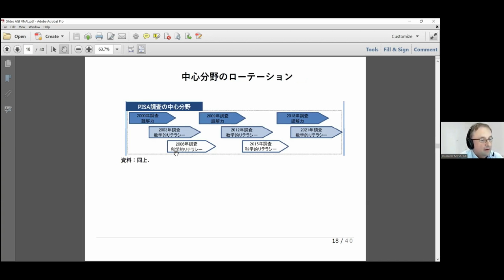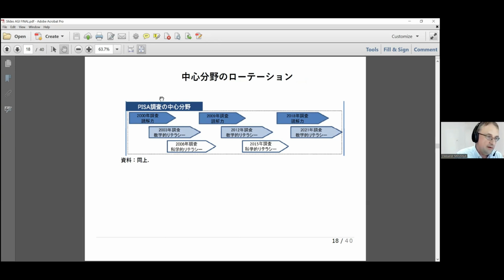And then, as I said, in PISA there is a rotation across major subjects. So, for example, reading was the major subject in 2000, 2009, 2018, then mathematics in 2003, 2012, and then in the current testing. And then science was 2006, 2015.